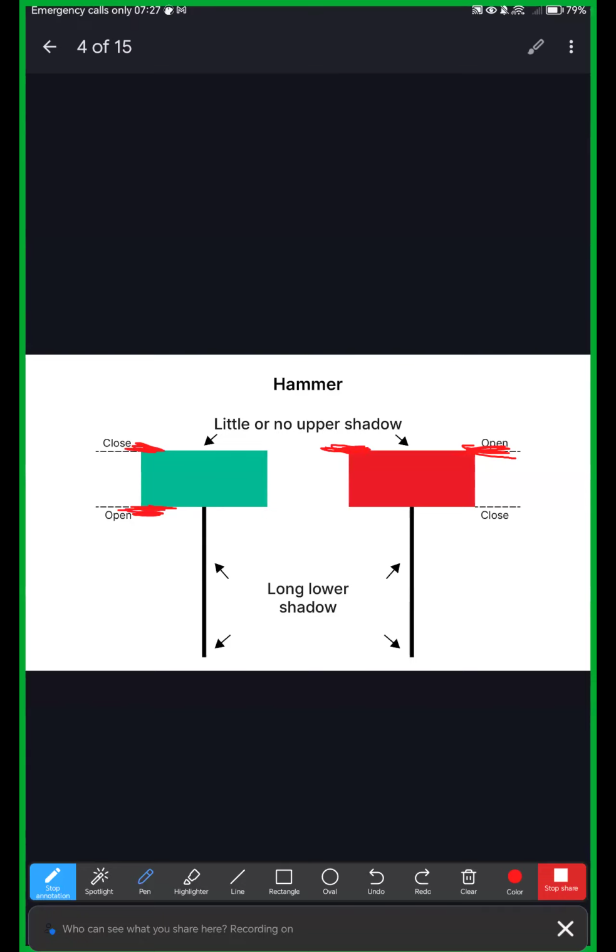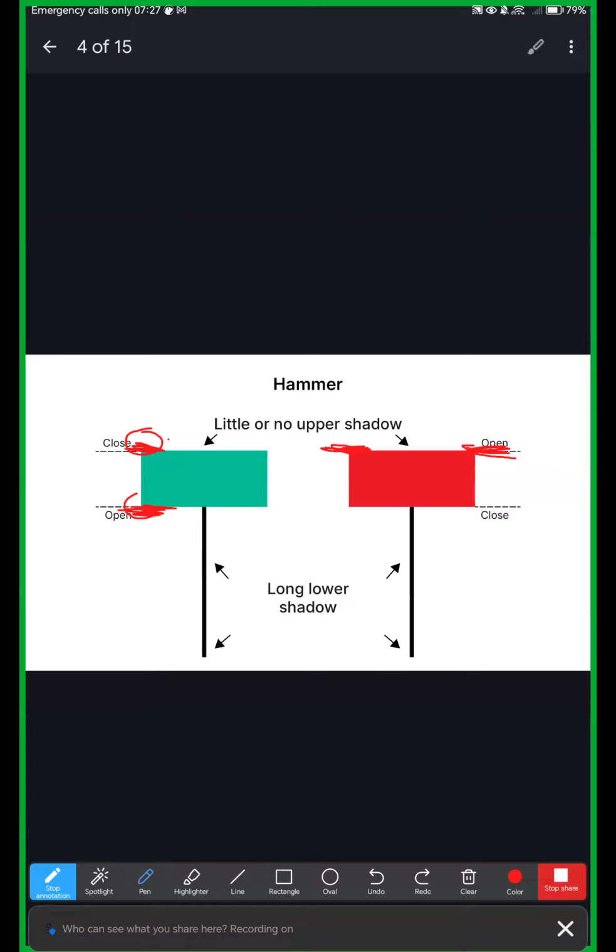So where the price opened and how high the price went, they are almost the same. They are roughly the same. They are not far from each other.